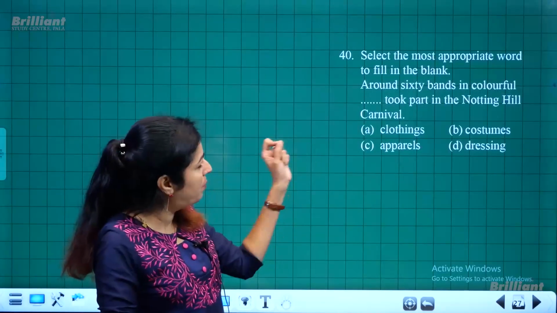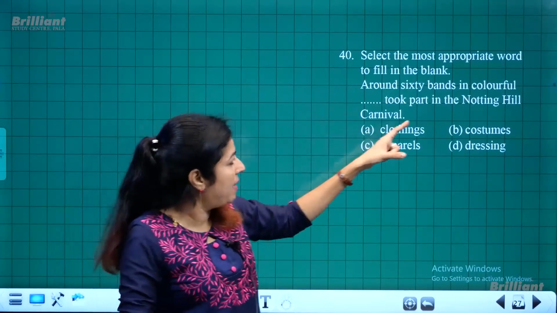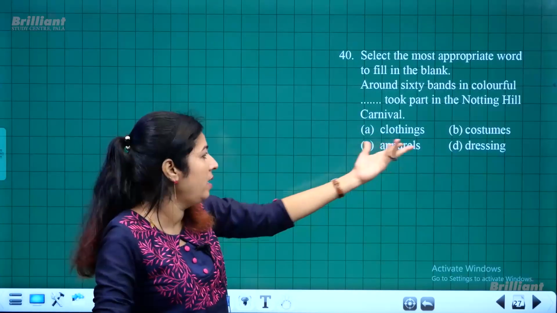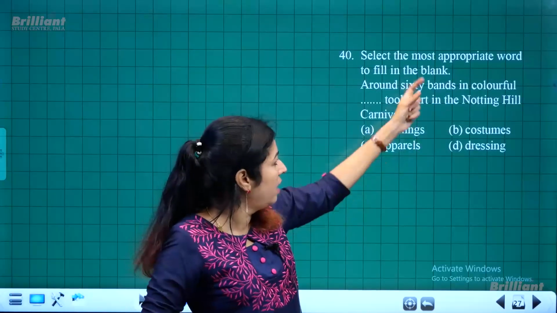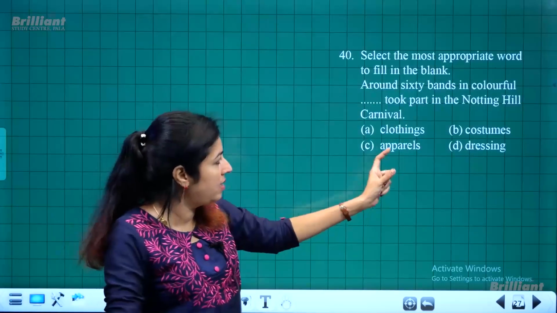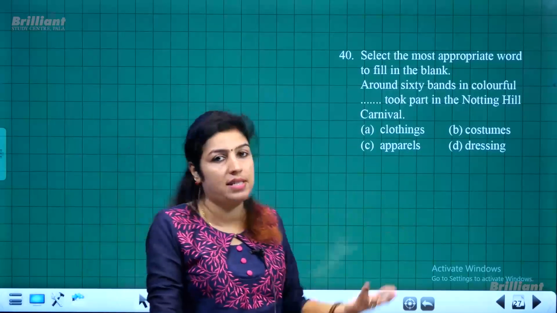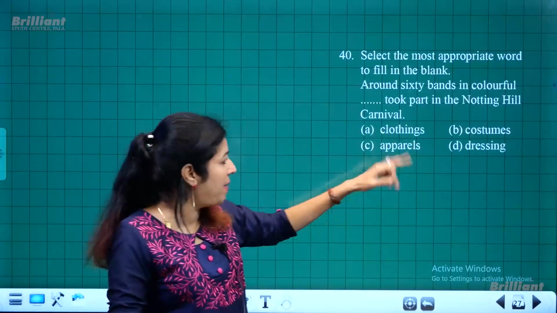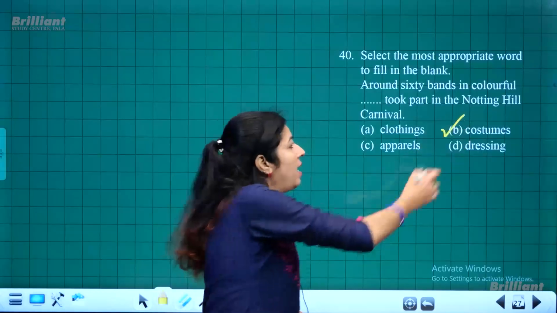Select the most appropriate word to fill in the blank. Around 60 bands and colourful dash took part in the Notting Hill Carnival. Obviously, costumes. Colourful costumes. Actually, it's a carnival, right? If you read the whole sentence, the clue is given in the sentence itself. It's a carnival, it's a festival. So definitely it's not ordinary clothing or apparel or dressing, but costumes, colourful costumes.